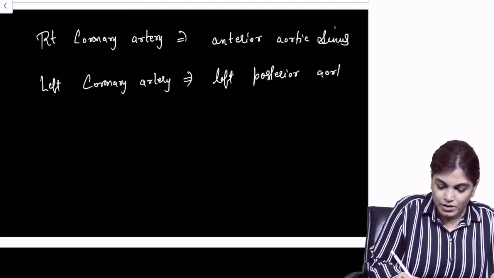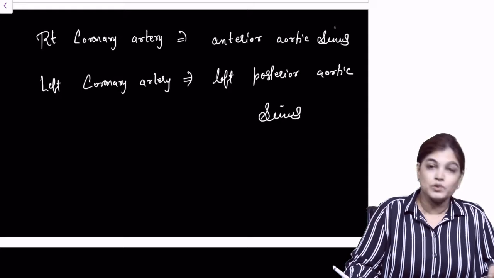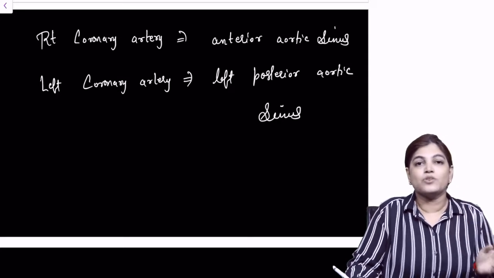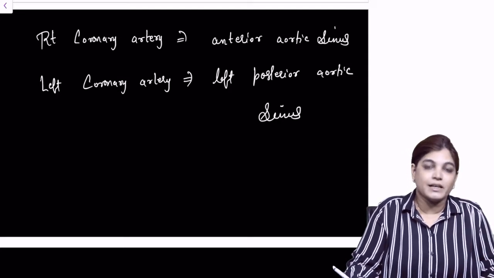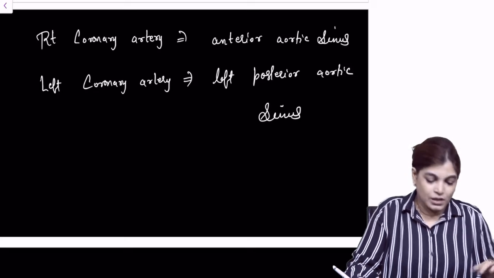So this is about the origin of the two coronary arteries, which is important for solving the MCQ. You should know the origin of each of the two coronary arteries, right and left, which are giving blood supply to the heart.